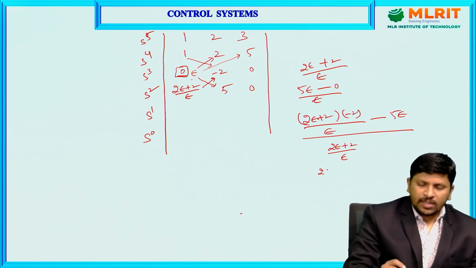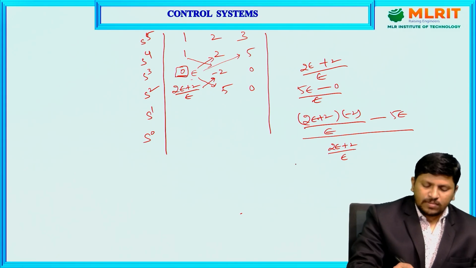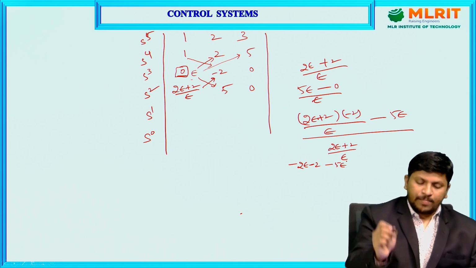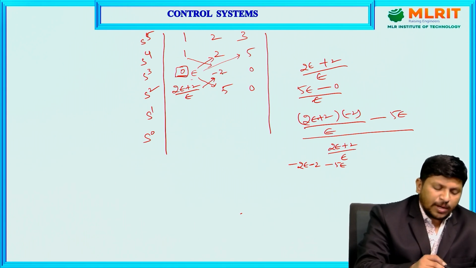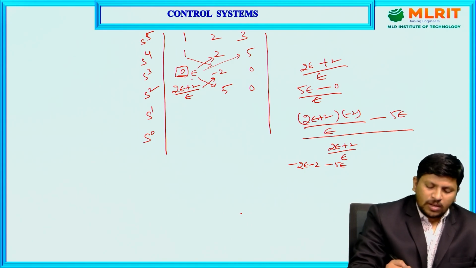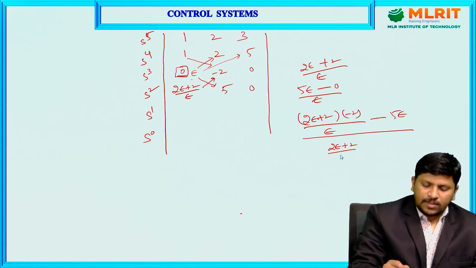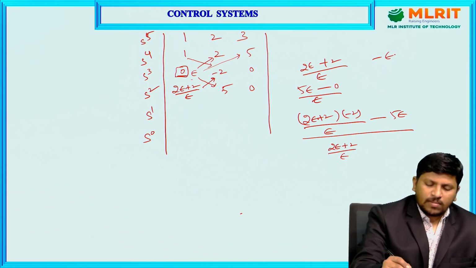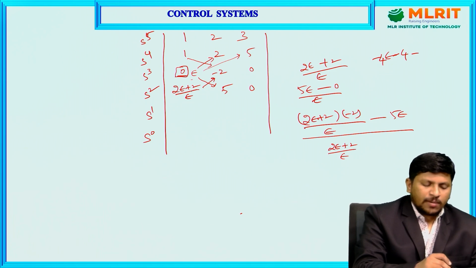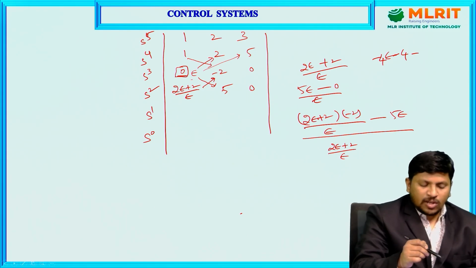Expanding this: minus 2 epsilon minus 2 minus 5 epsilon, which value multiplied with minus 2 gives minus 4, and so on. Complete value minus 5 epsilon divided by this term.